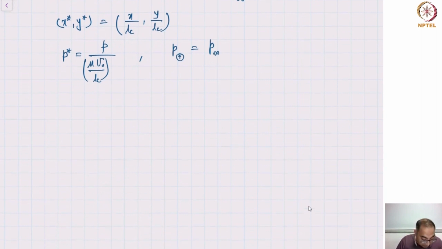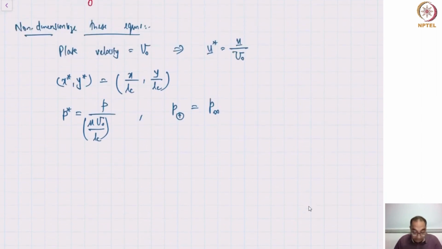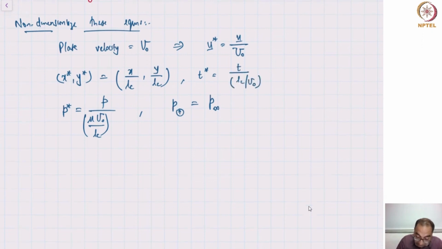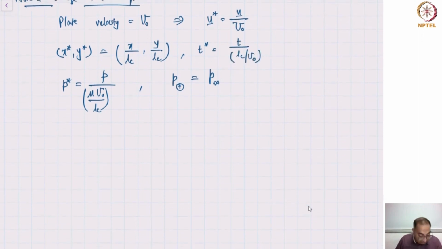So if I take these non-dimensional scales, and the time scale would be, if I substitute these non-dimensional scales into the problem, then we would have the total derivative, this would simply become u0 square by LC.